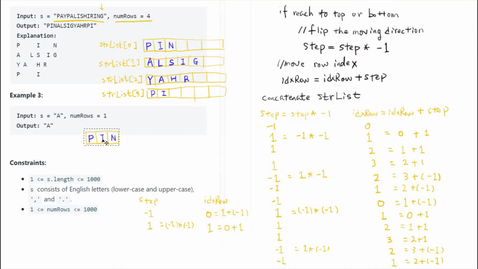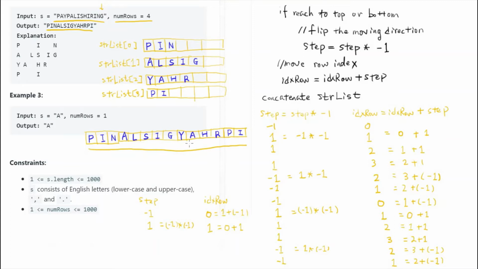We have string list 0, string list 1, 2, and 3. Okay, we finished our demo here. As you can see, our output string is the same as the output string in the example.